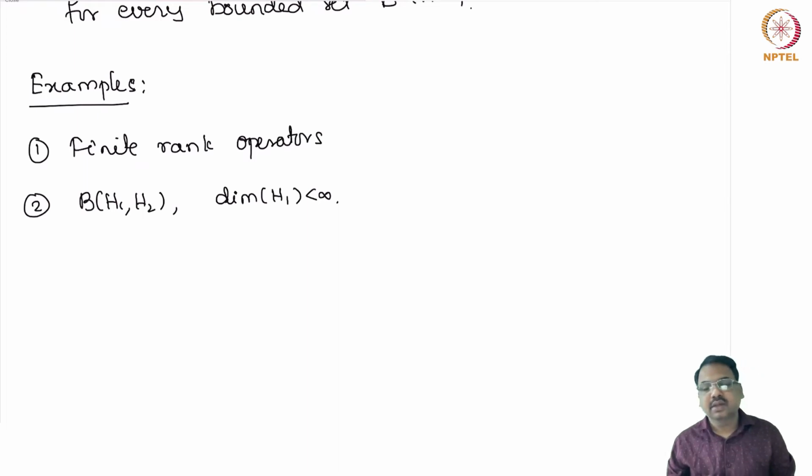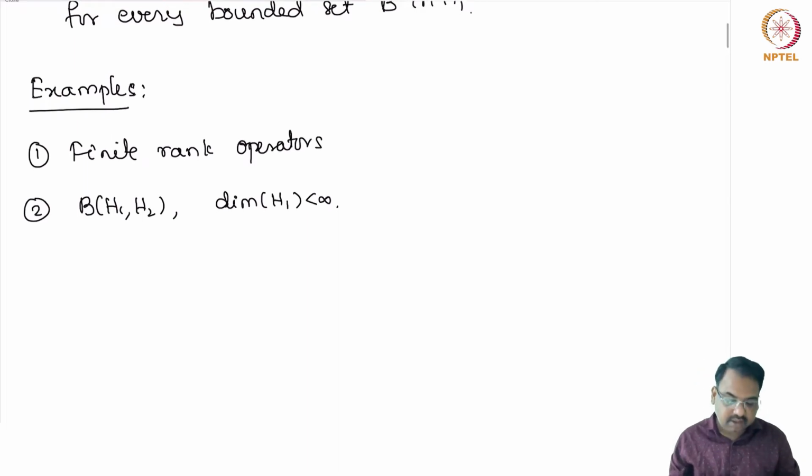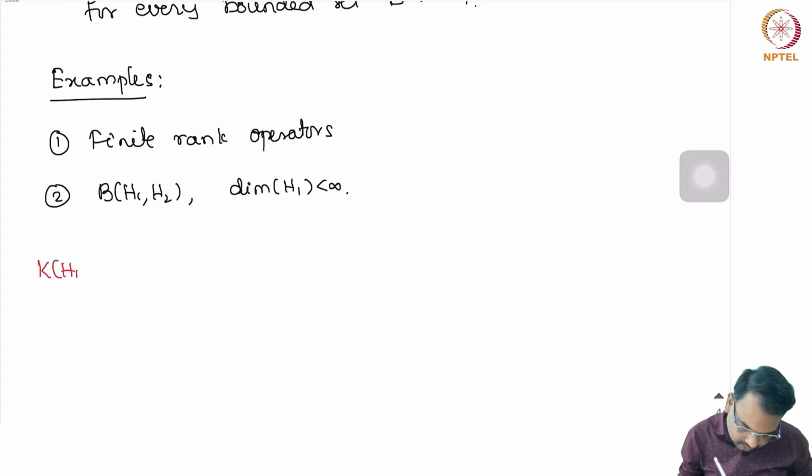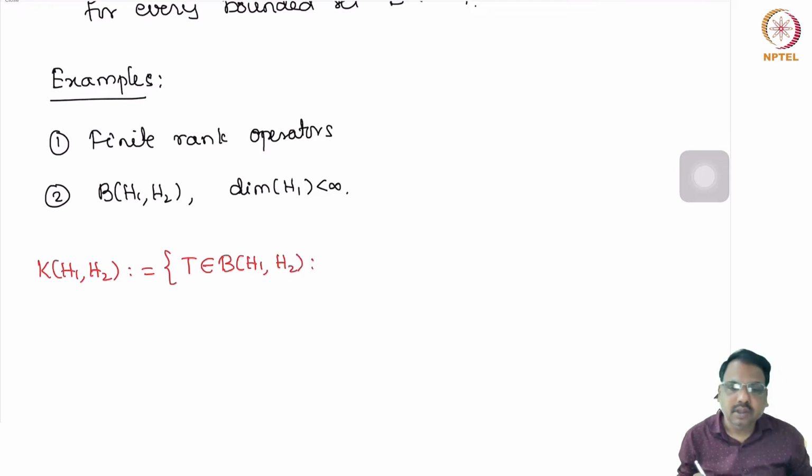So later we will get many more examples of compact operators once we discuss a few important properties of compact operators. Let us fix a notation for the set of all compact operators. So we denote the set of all compact operators between H1 and H2 by K of H1, H2, the set of all bounded operators from H1 into H2 such that they are compact.